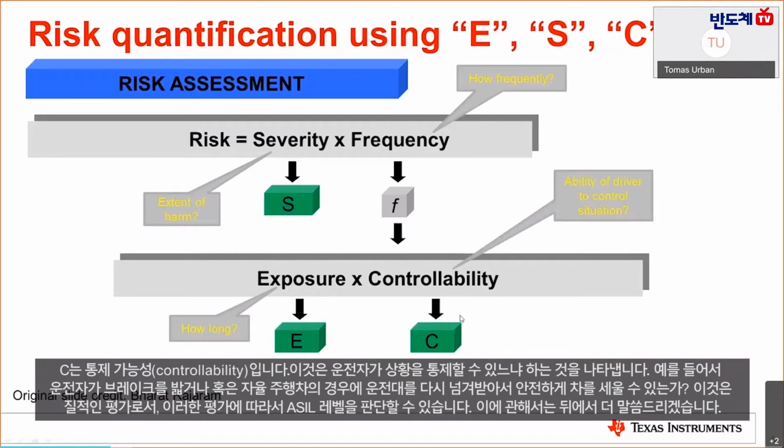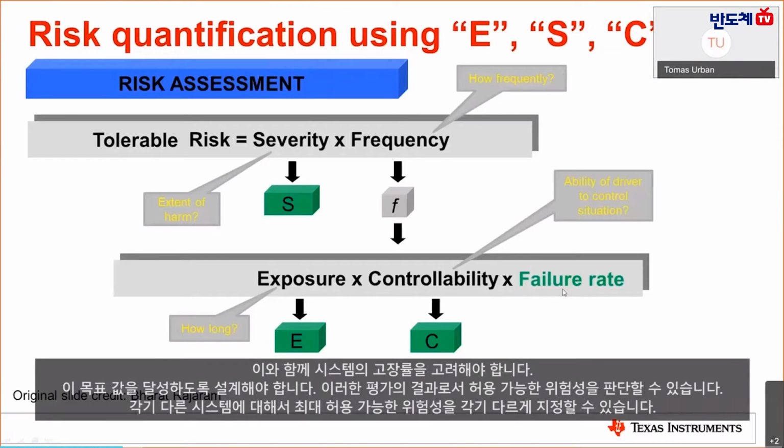This is C, and this is the evaluation of how the driver is able to control the situation. Can the driver, for example, press the brake, take the wheel in case of autonomous cars, safely pull over? This is a qualitative assessment that basically results in an ASIL level, but more on that later.